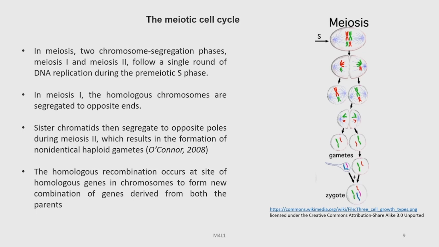Sister chromatids then segregate to opposite poles during meiosis 2, which results in the formation of non-identical haploid gametes, and homologous recombination occurs at sites of homologous genes in chromosomes to form new combinations of genes derived from both the parents. Meiosis 1 and meiosis 2 can also be altered in a way.